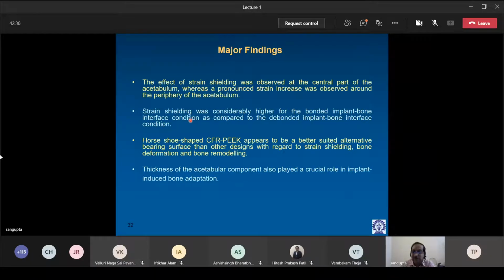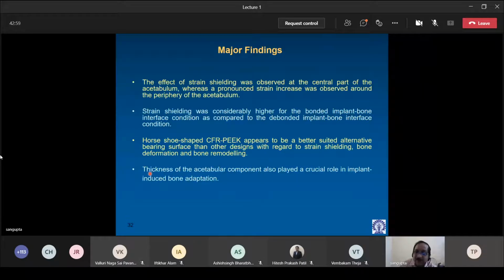This I will explain separately, bonded and debonded implant-bone interface conditions. The horseshoe CFR-PEEK appears to be a better suited alternative bearing surface than other designs with regard to strain shielding, bone deformation, and bone remodeling. So the Mitch cup appears to be the best within these three designs.